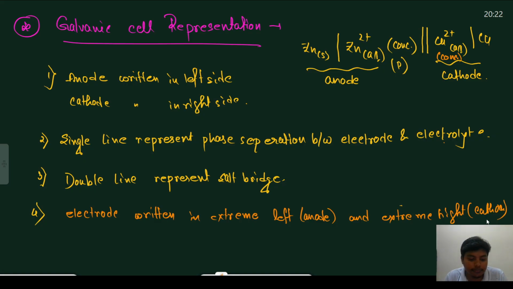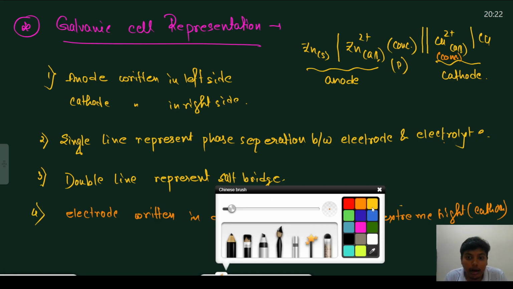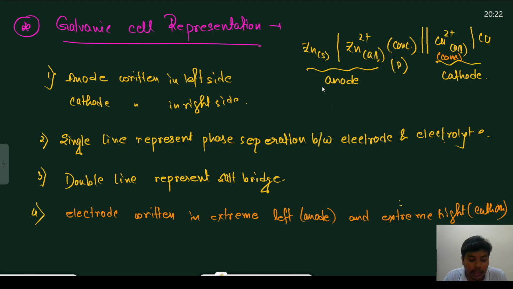Clear this thing? Yes or no? Now understood. Very important thing, what you have to do, that I am telling. See, by this representation, you should know how to write the equations, the reactions. For example, a representation is given like this.